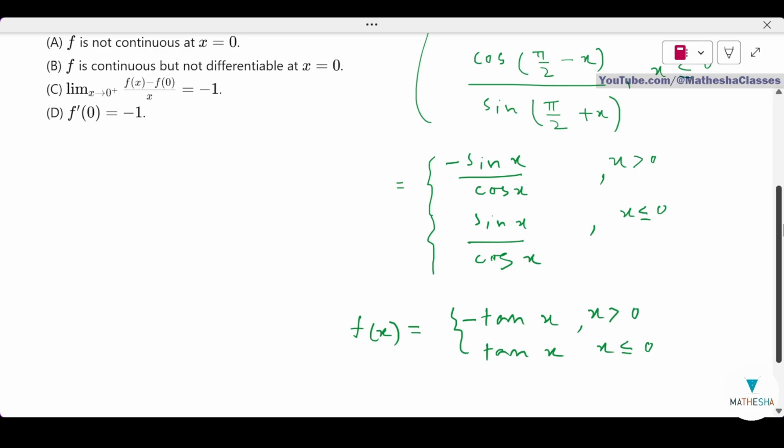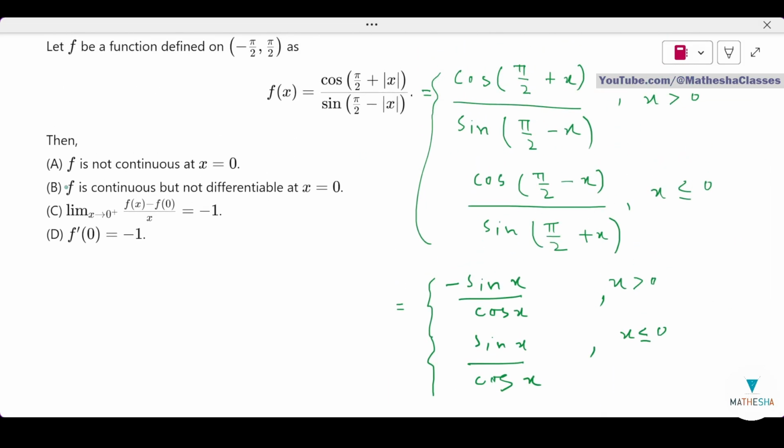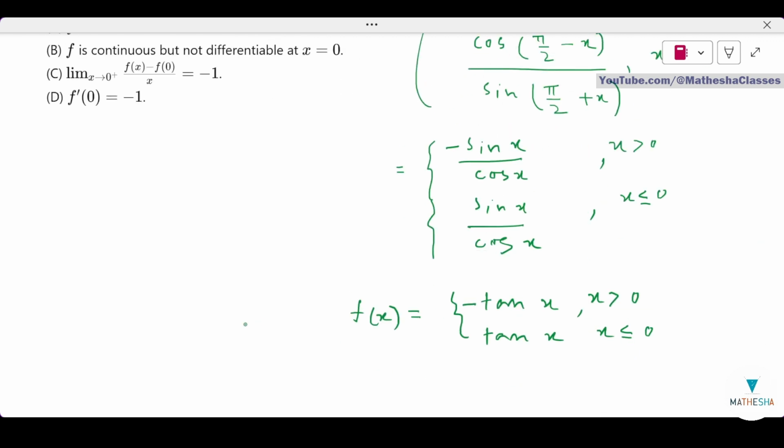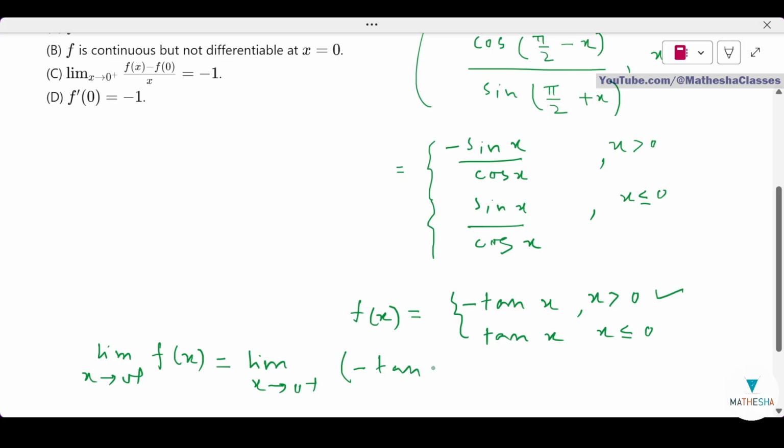Okay, so now you have to check whether it is continuous or not to check the first option. What will be the right hand limit of f(x) as x tends to 0 plus? We'll be using this formula, that means limit x tends to 0 plus of minus tan x. If you put x equal to 0, you will be getting 0.